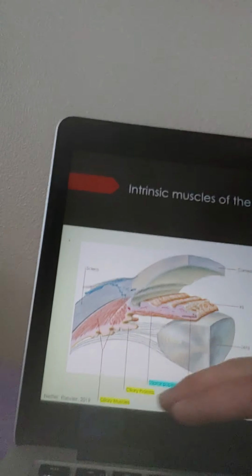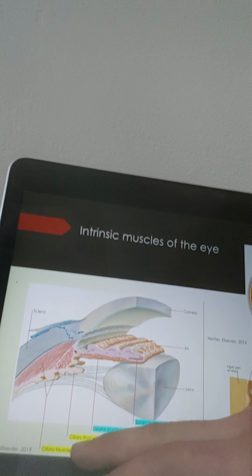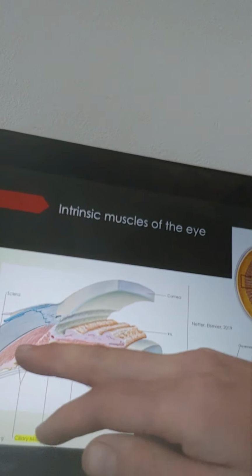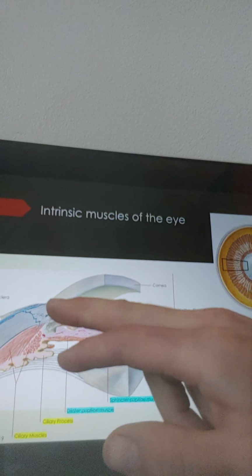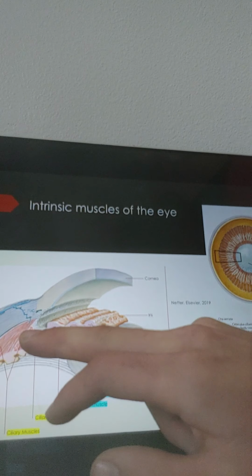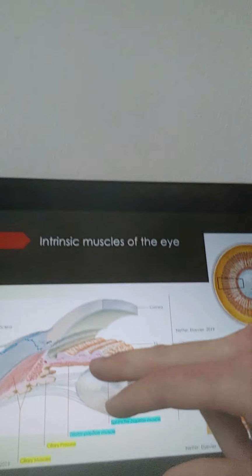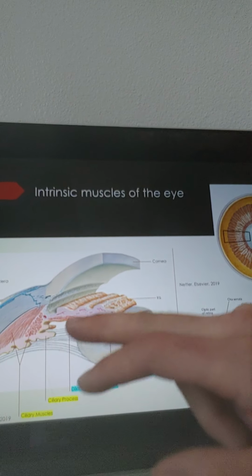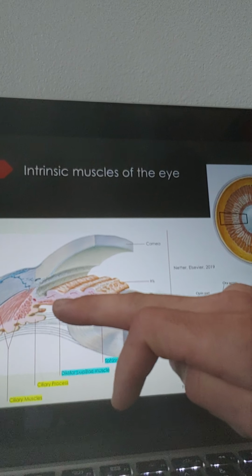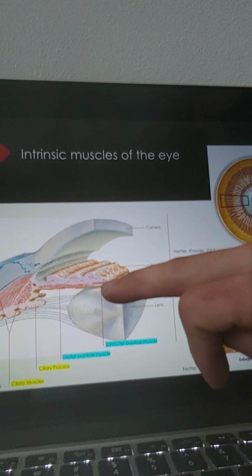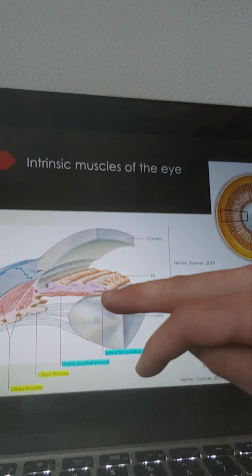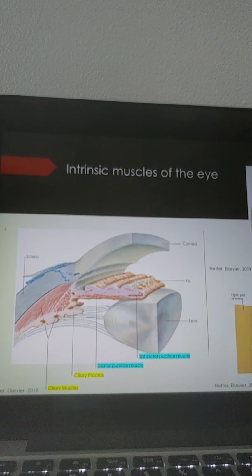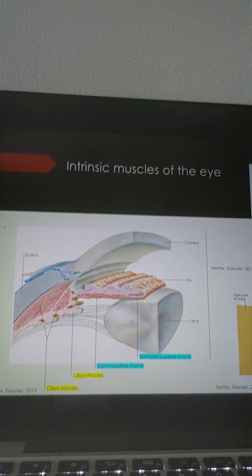There are ciliary muscles, which are right here, kind of around the border of the cornea and the sclera. And there are also the muscles of the iris that are used to dilate and contract the iris, which will allow more or less light to go into the retina, respectively.